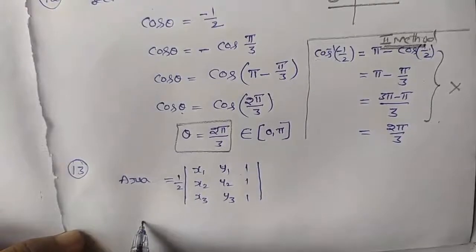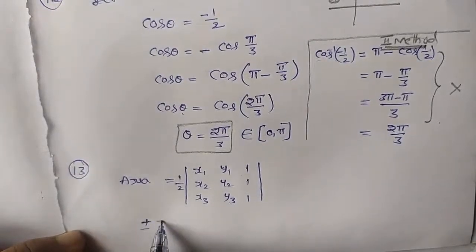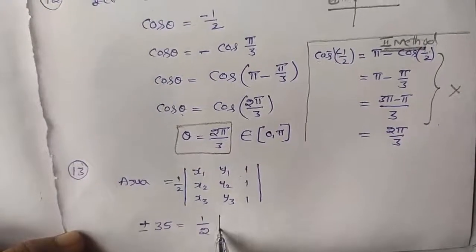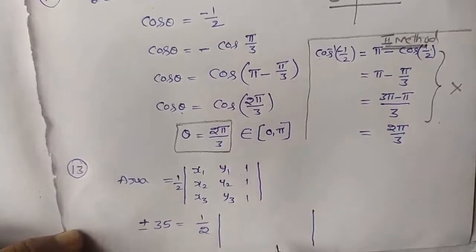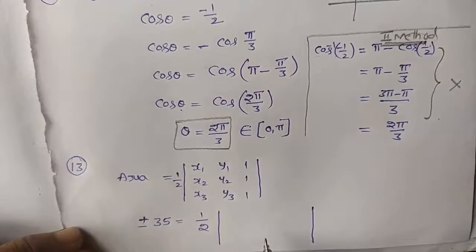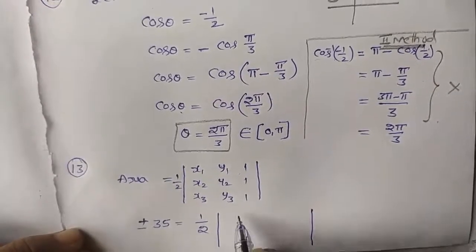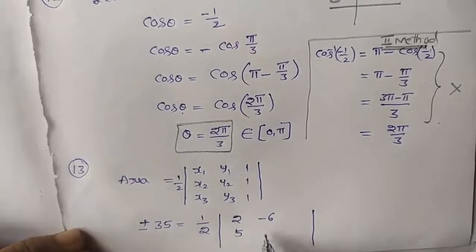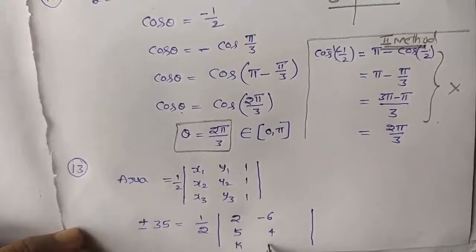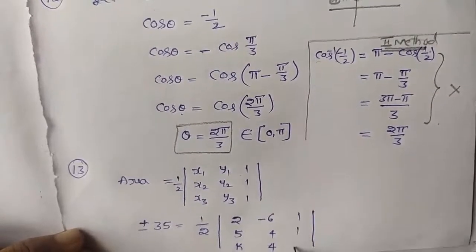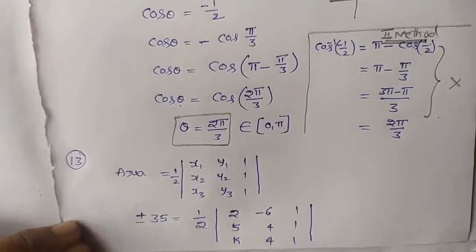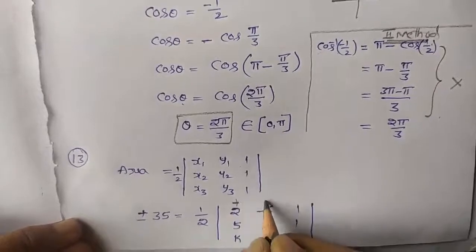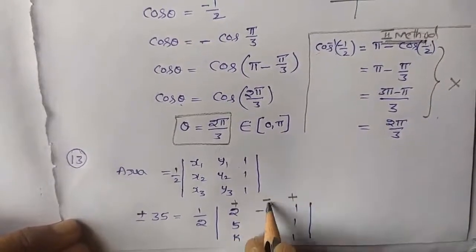So if area is given, we need to consider plus or minus 35 equals 1 by 2 into the determinant of the given points: 2, minus 6, 1; 5, 4, 1; k, 4, 1. Now you need to evaluate this determinant, with signs plus, minus, plus.